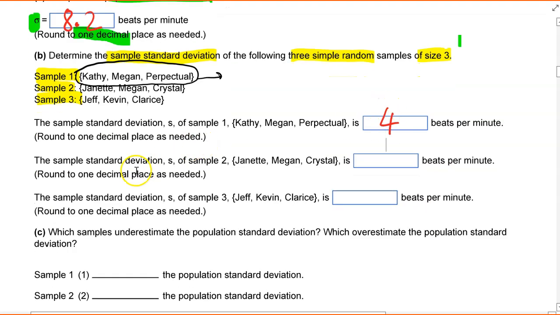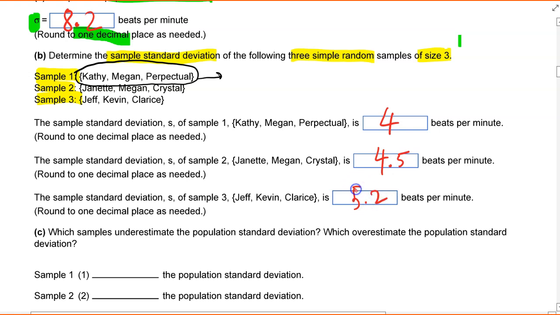Similarly, you do the same for sample 2, Janet, Megan, and Crystal. For them, the sample standard deviation is going to be 4.5. And for the third part of this part B, the sample standard deviation of Jeff, Kevin, and Clarice is going to be 5.2.